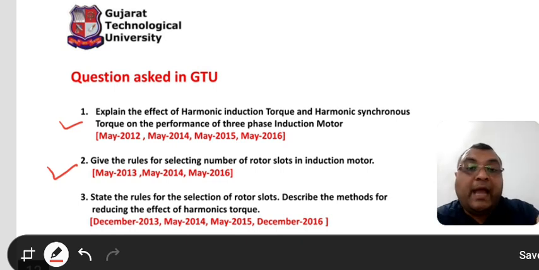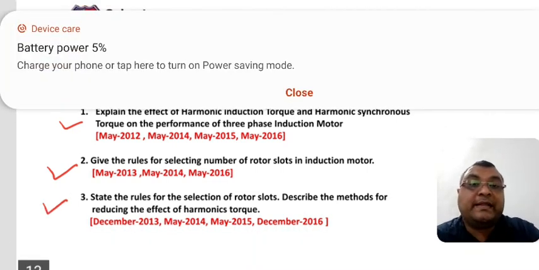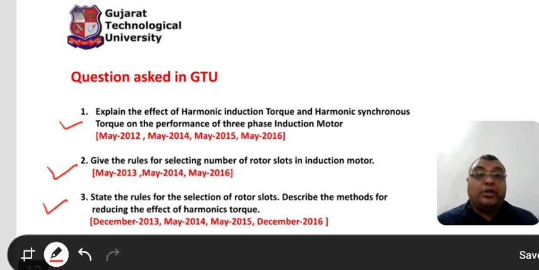And the third question is: state the rules for the selection of rotor slots and describe the methods for reducing the effect of harmonic torque. That is also a very important question from the exam point of view. So those are the questions asked in GTU.